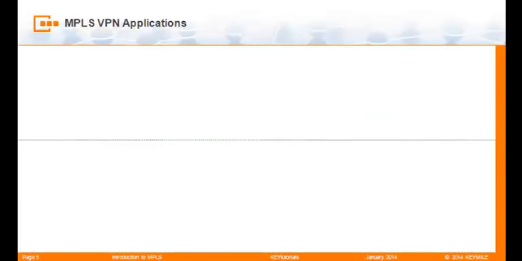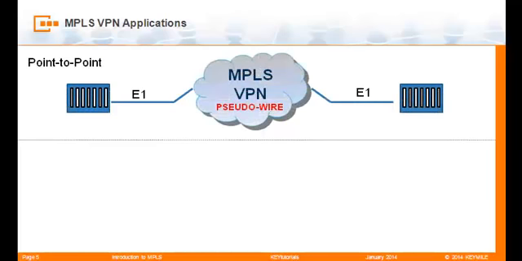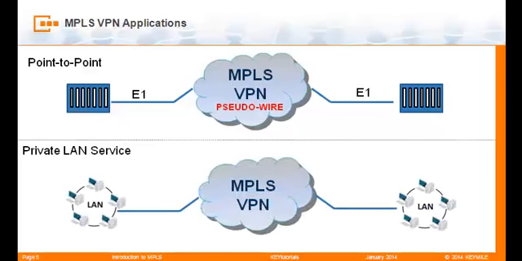The diagram will show a couple of applications. Firstly, for establishing a point-to-point E1 leased line over the VPN in what we call a pseudo-wire. And then secondly, for building private LAN services where we can interconnect multiple LANs which are based at different sites.